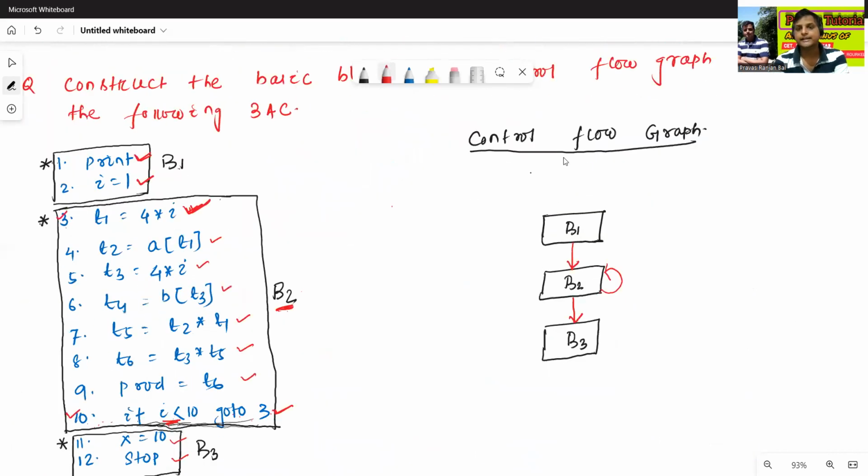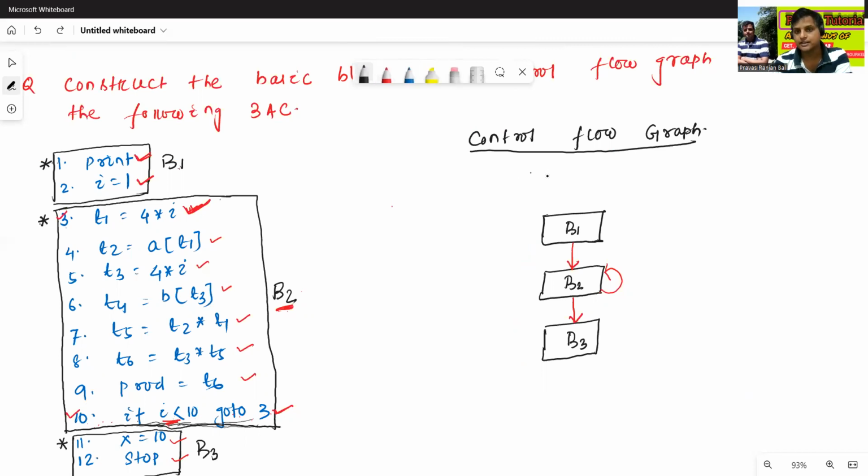It is nothing but a sequence of flow graph having single entry and single exit property.